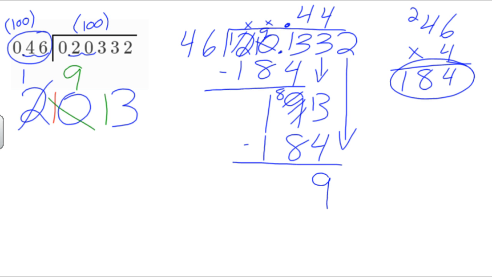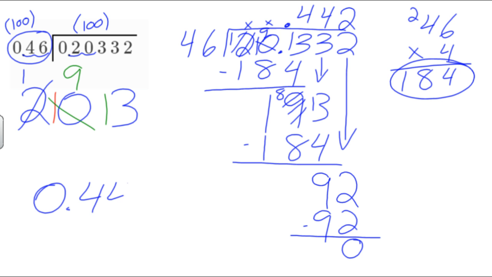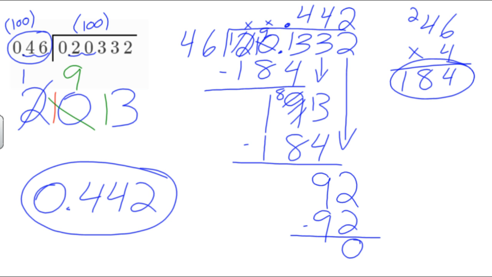I bring down my next number, 42. 2 times 46 is 92. I subtract, I get 0. I have no more numbers to bring down, so my answer is 0.442. Hopefully you're starting to get the hang of it. Let's look at the next problem.